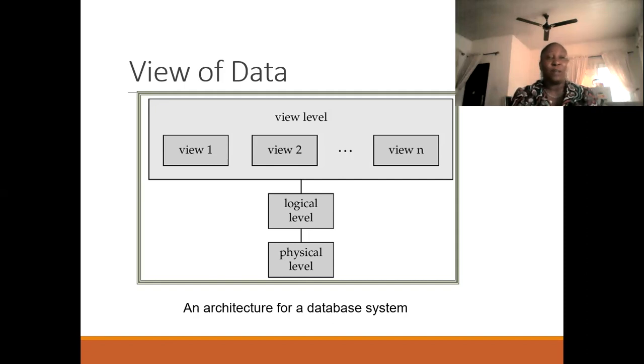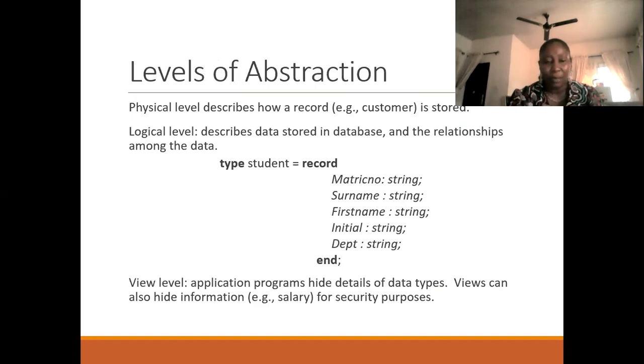And then at the view level, everybody is viewing the database from different angles. A lecturer is viewing the database differently from a student who just wants to register his course. So that's talking about viewing data and the architecture of a database system. Okay, so we said that at the logical level, like I said, what we actually inherited from older programming languages like Pascal and all of that, we're creating records, where a record is actually a collection of several fields, several attributes, okay?